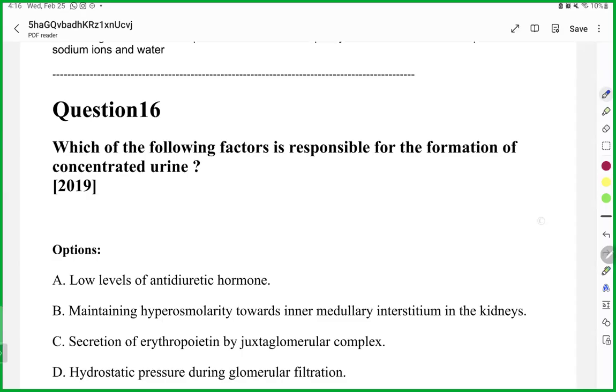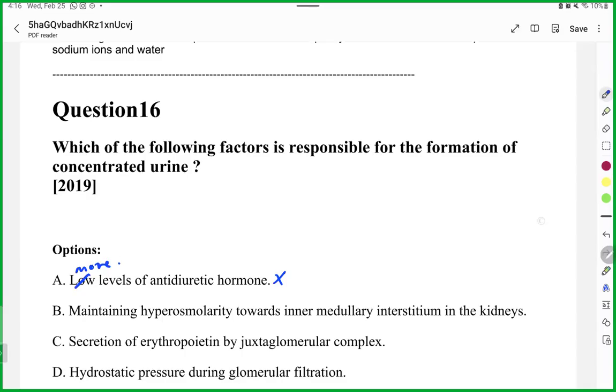No, you need high levels of antidiuretic hormone to form more concentrated urine. Concentrated urine means urine with less amount of water, so A is not correct. Maintaining hyperosmolarity: if ADH is more then it will be concentrated, because antidiuretic means more water absorption.